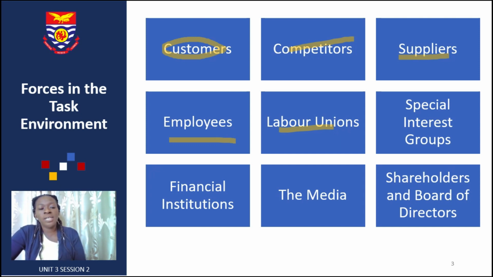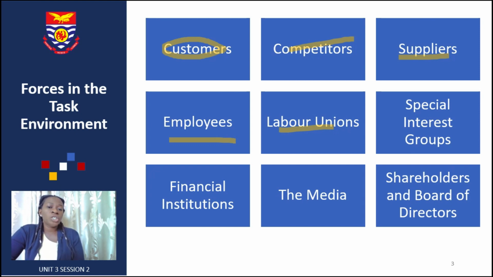They're all looking for the interest of their people, and they affect the business. We've seen the university come on lockdown or go on strike because UTAG has laid down their tools, because TEWU has laid down their tools. They have an effect on the business. The business also has effect on these labor unions as well. And so it is very key for us to look out for these in our tax environment.